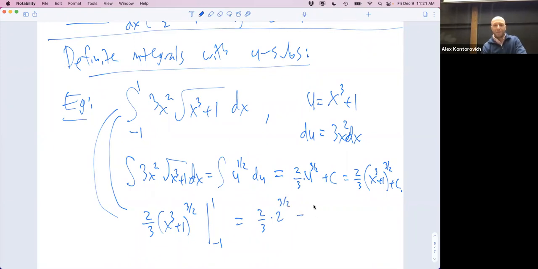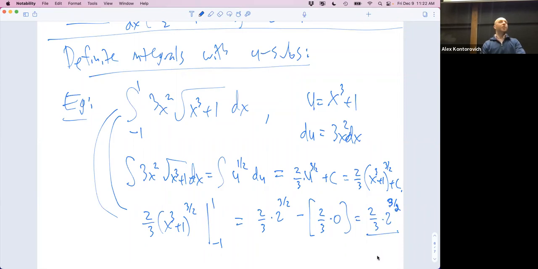Minus 2/3 times, when x is minus 1, minus 1 cubed is minus 1, plus 1 is 0, times 0. So the answer, the area under this curve, is 2/3 times 2 to the 3/2. If you want to combine the powers of 2, you can. All right, that's the answer.